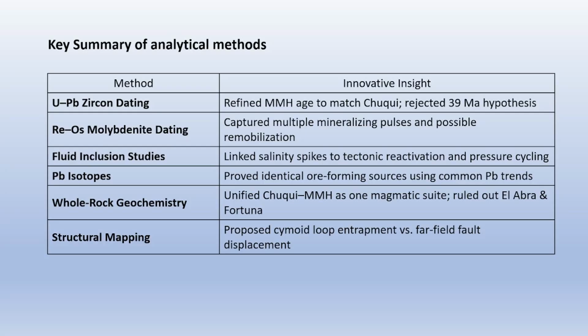Another method being used was rhenium-osmium molybdenite dating. It provided direct ages for mineralization events, which were around 32 million years, including 5 dated pulses within that period, and isochron construction helped to identify possible remobilization events.